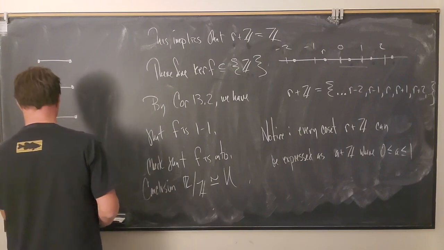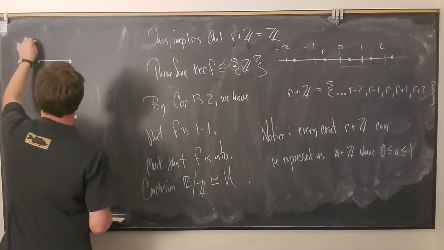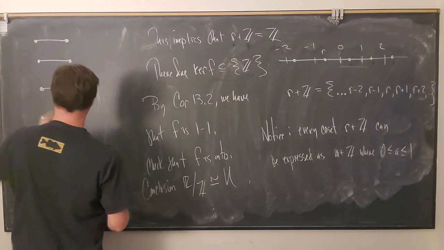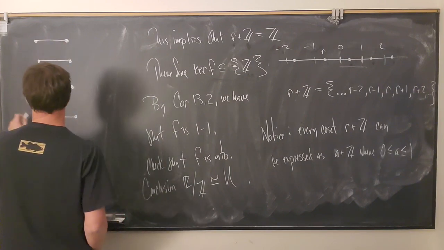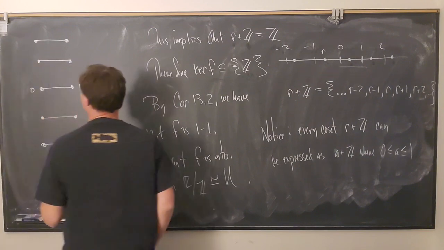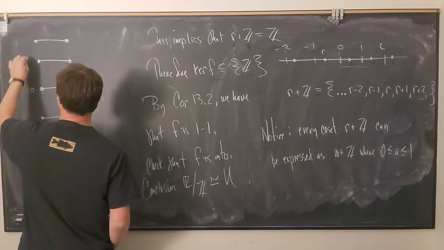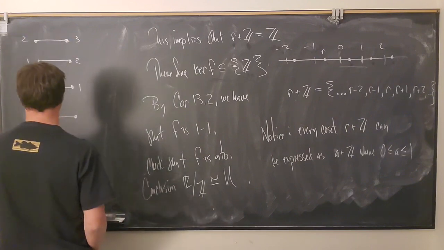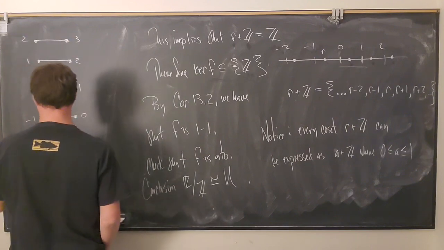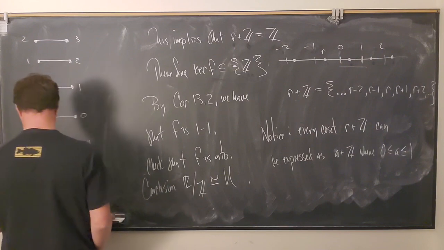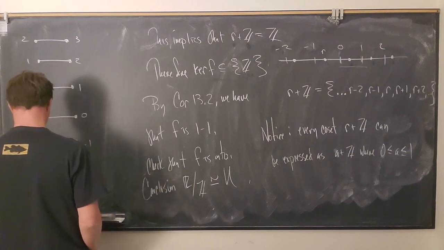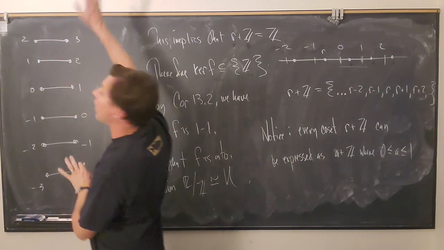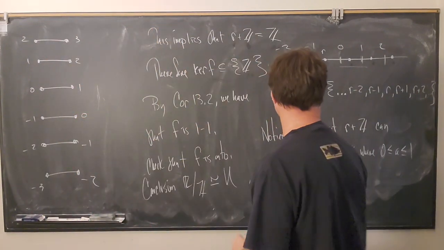So I'm going to have an infinite stack of intervals, right? So maybe this one right here is the interval 0 to 1. And then this is the interval 1 to 2, 2 to 3. This would be minus 1 to 0, minus 2 to minus 1, minus 3 to minus 2, and so on. This goes on forever, upwards and downwards.